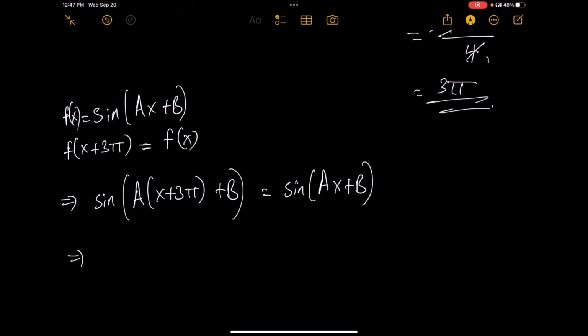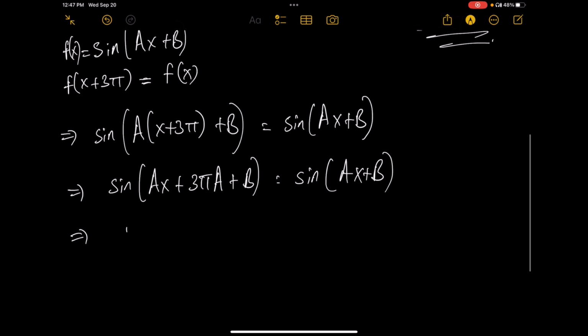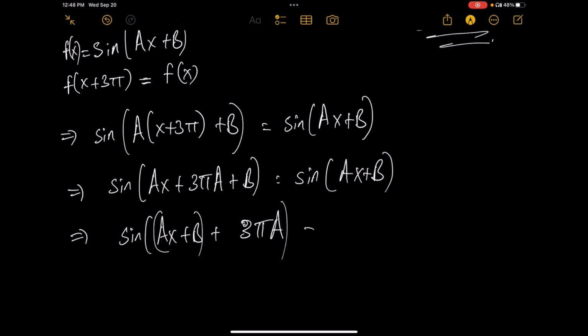Which implies that sin of ax plus 3 pi a plus b equals sin of ax plus b. Which implies that sin of (ax plus b plus 3 pi a) equals sin of ax plus b.